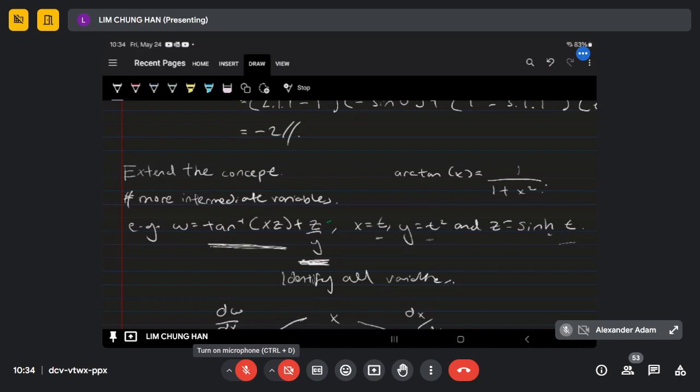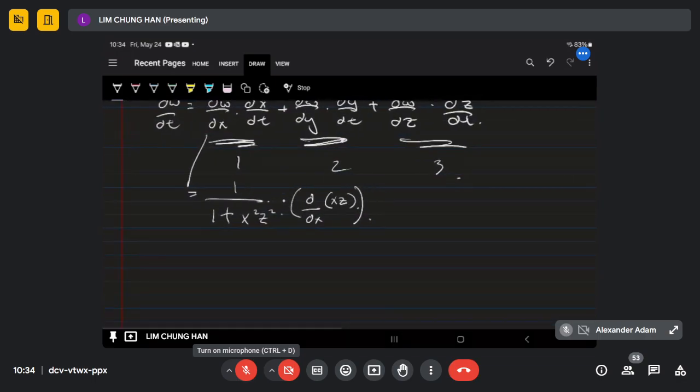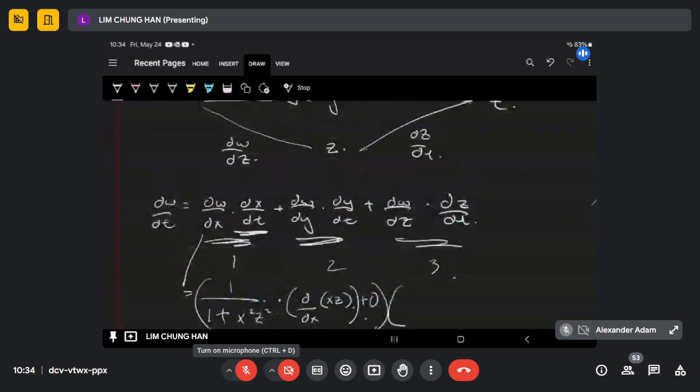Both are constant, so that becomes 0. Okay, and then the whole thing times dx dt.